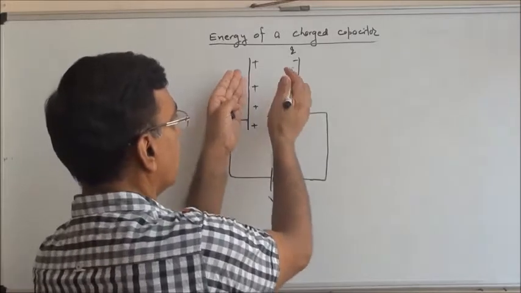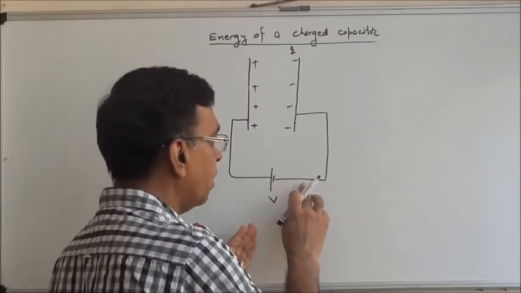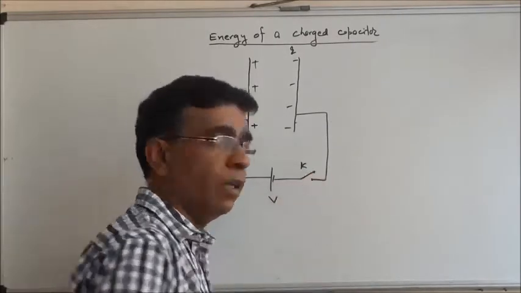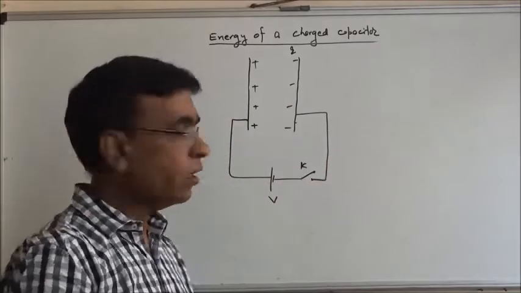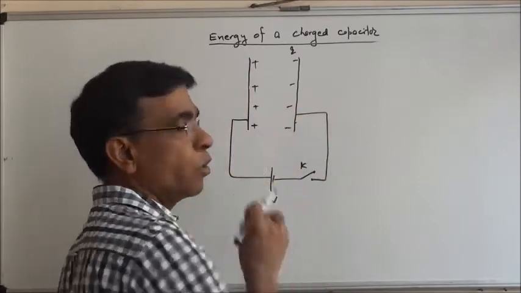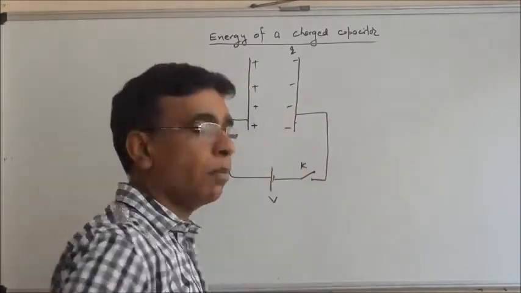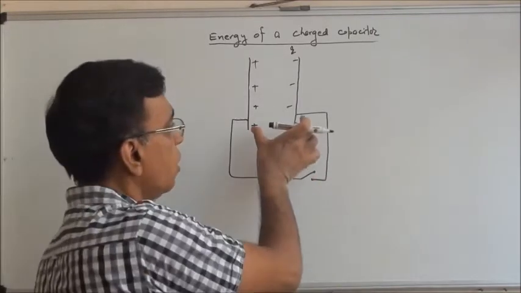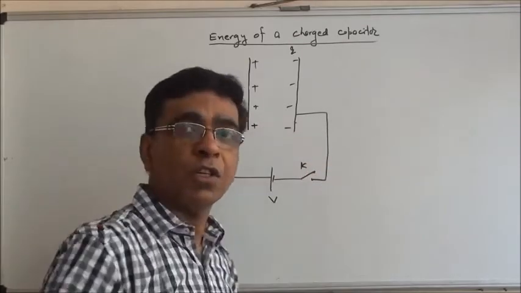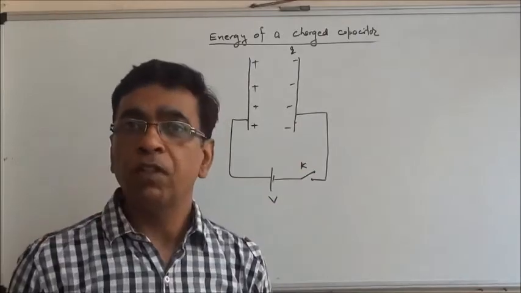Capacitor fully charged means this is V, this is V, so no more movement of electrons. Whenever I connect a key and press it, electrons move to this plate. Induced charge comes on this plate. After the capacitor is fully charged, the potential difference between these becomes V. As soon as minus charge comes here, plus here, the potential starts increasing, and the moment this potential equals this, the movement will stop.